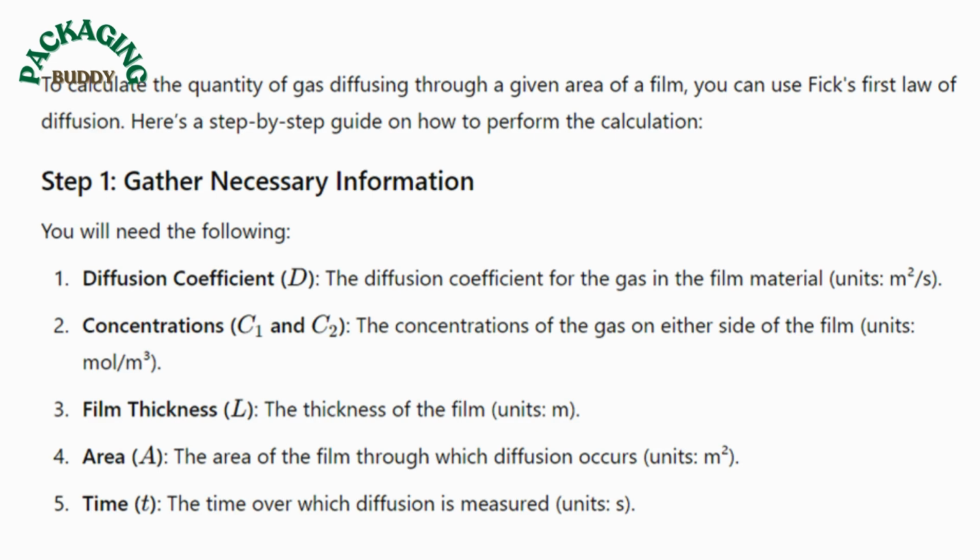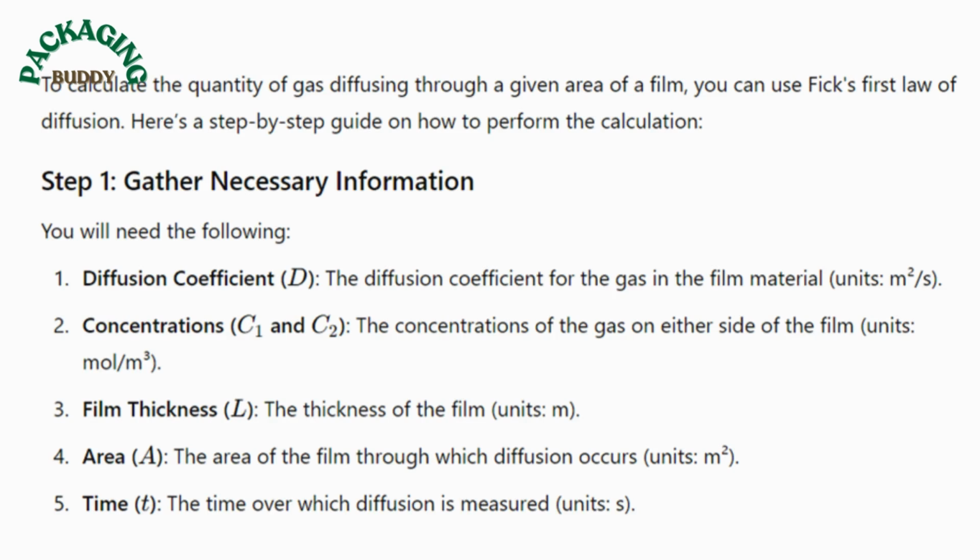Number 1, diffusion coefficient D. The diffusion coefficient for the gas in the film material, with the unit meter square per second. Number 2, concentration, C1 and C2, the concentration of the gas on either side of the film. The unit is mole per meter cube. Number 3, film thickness L. The unit is meter.